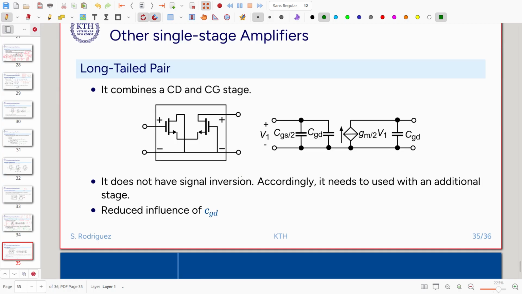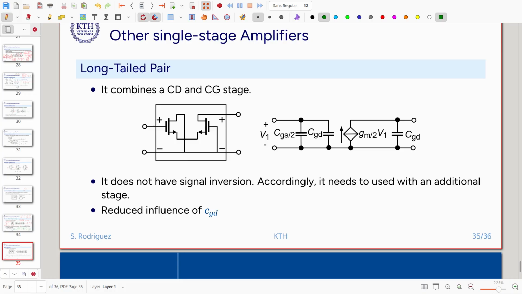Now there is another stage also that it is possible to use, and it is called the long tail pair, and it combines a common drain stage and a common gate stage, and it is very similar to a differential stage, so we treat it kind of similarly.